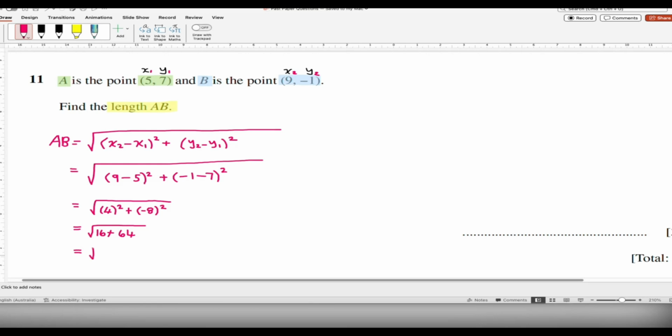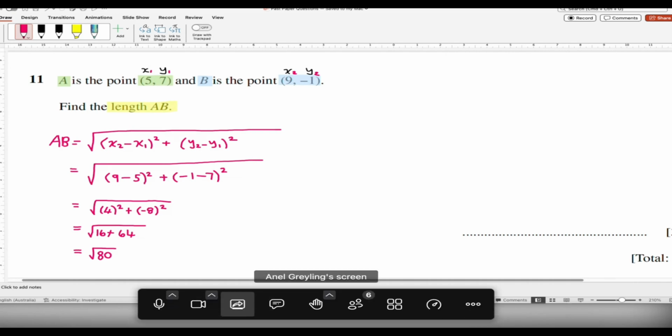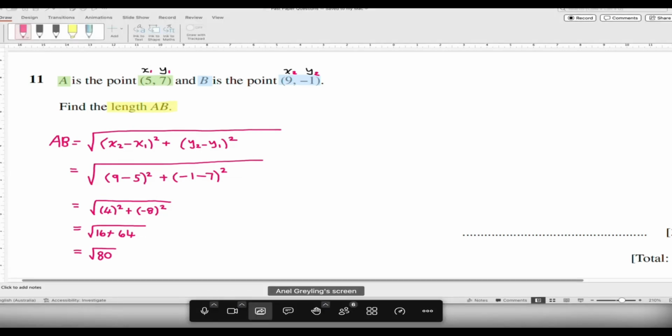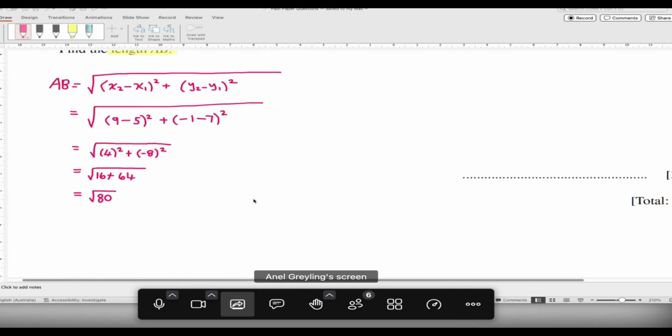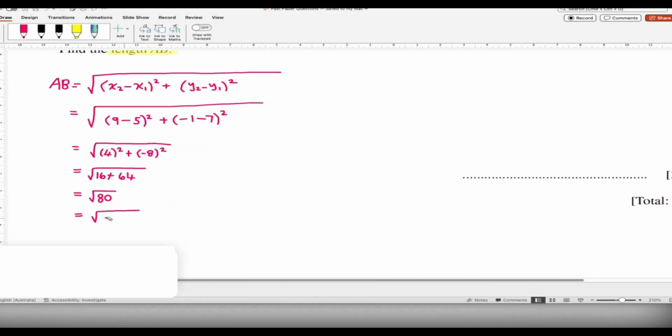That's equal to 80. So AB is equal to the square root of 80. Okay, so we can further simplify it. You can break it up into, let's see what they've done here.